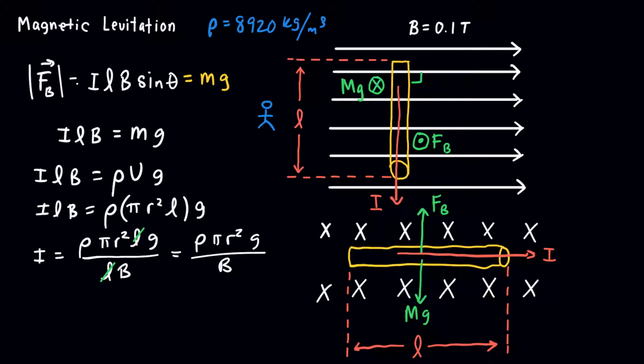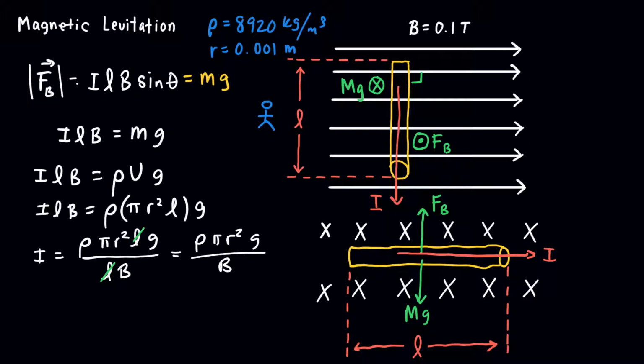And let's say that the radius of the wire that we're using, R, is about 1 millimeter, or 0.001 meters. This is a pretty thin piece of copper wire.